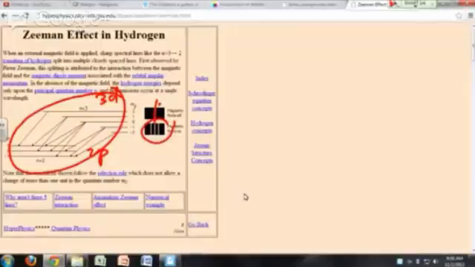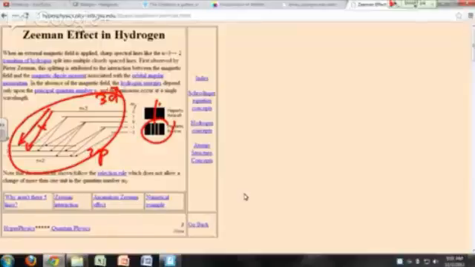with a magnetic field, you see 3 lines instead. Notice that from m equals 2 in the 3D, you can go to m equals plus 1. But you cannot go to m equals 0. It's not allowed. Delta m equals 2 there.